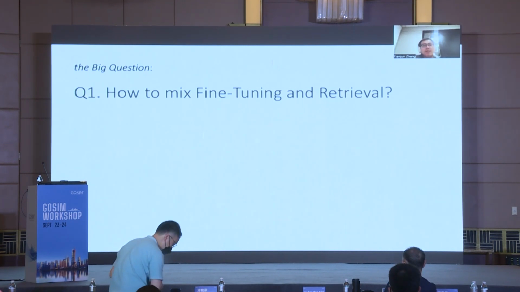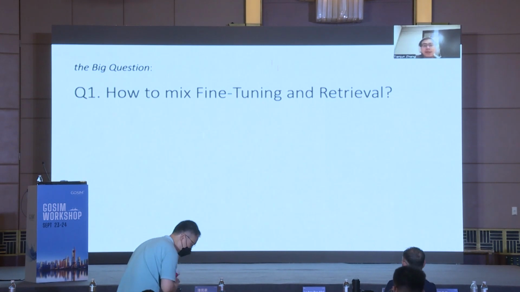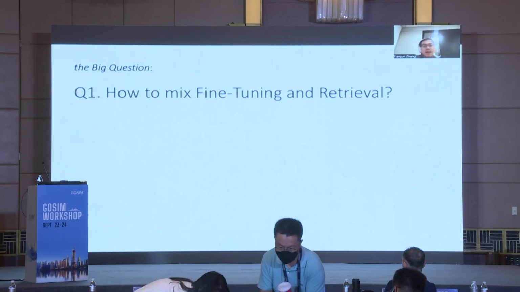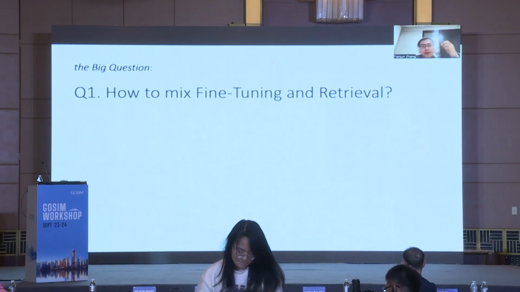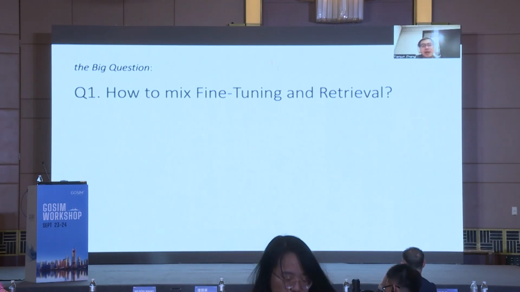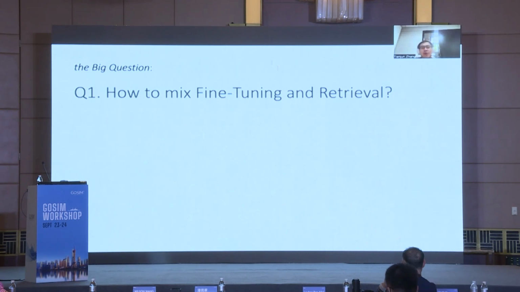Let's say you have some personal data or enterprise private data. I could create question-answer pairs to fine-tune my language model and ask it to give its knowledge of my personal information or the company's private data.